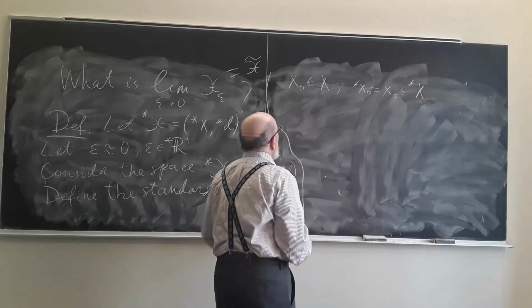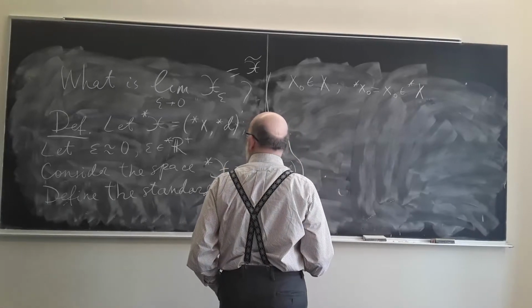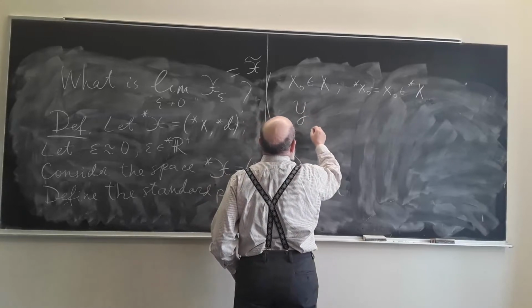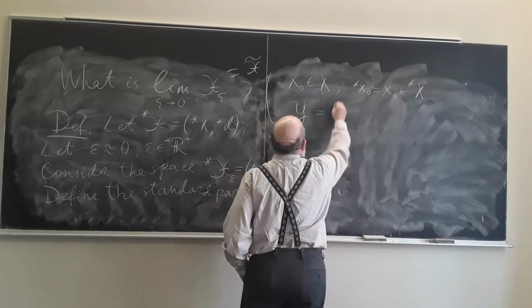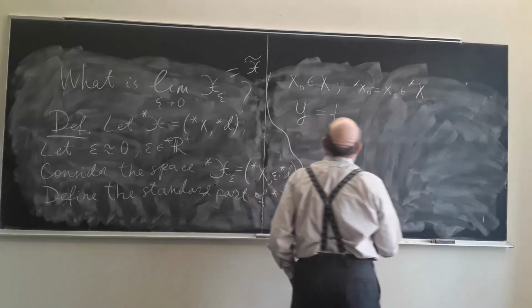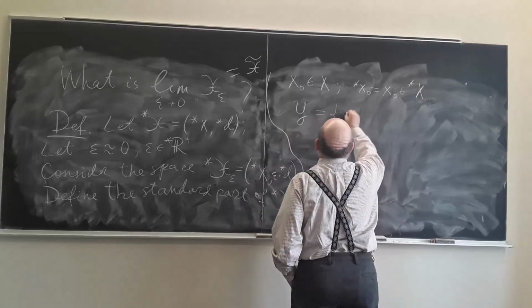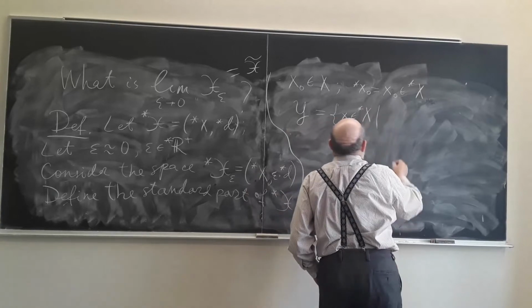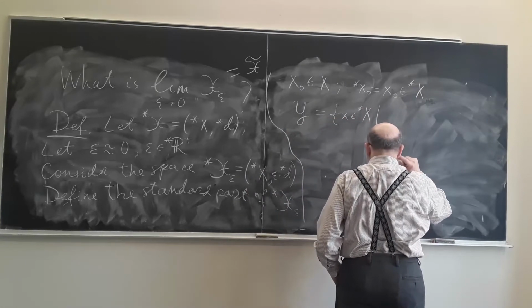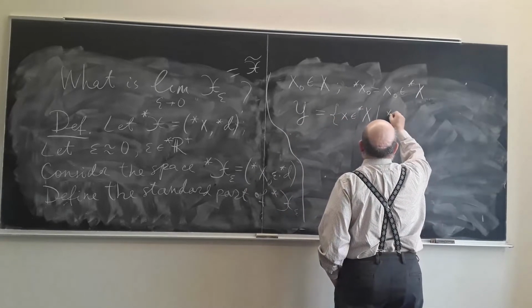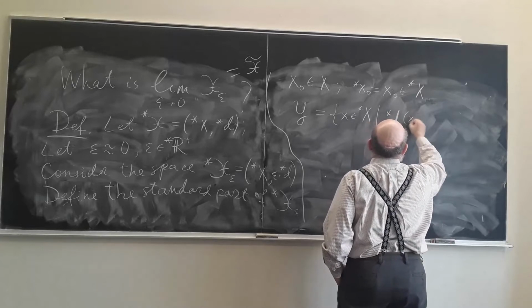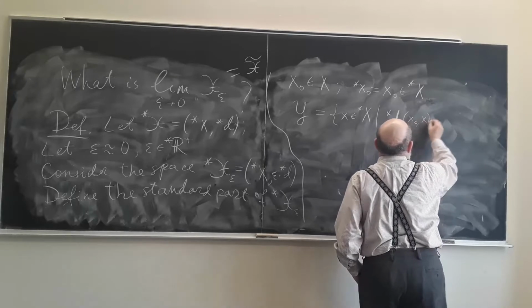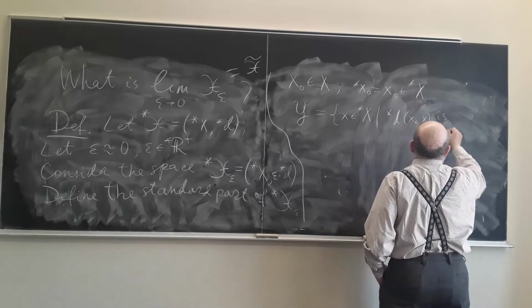And let us define temporarily y equals the set of x in star x such that the star distance of x0 x is bounded.